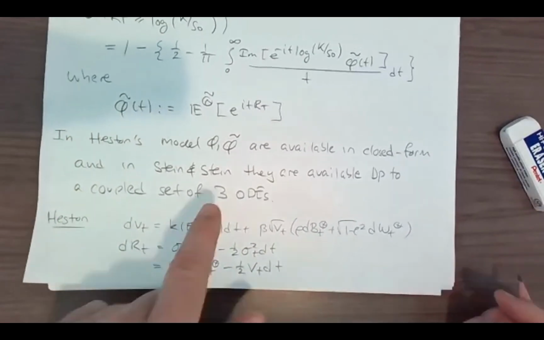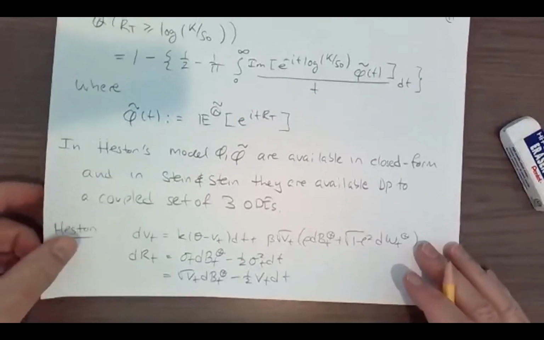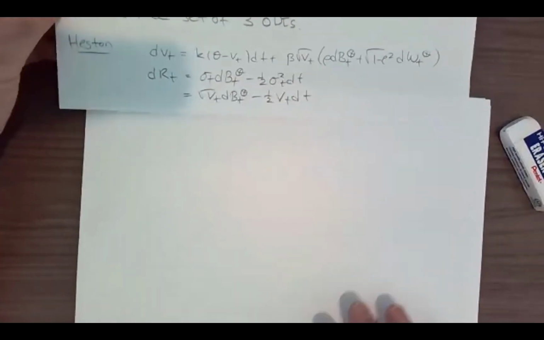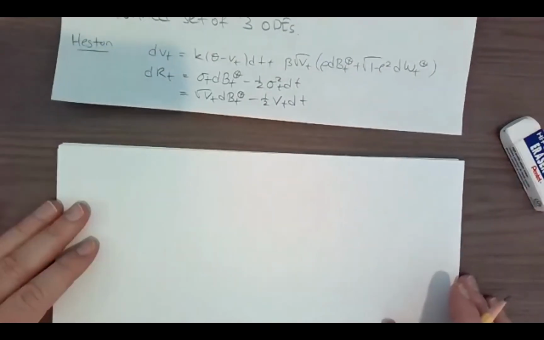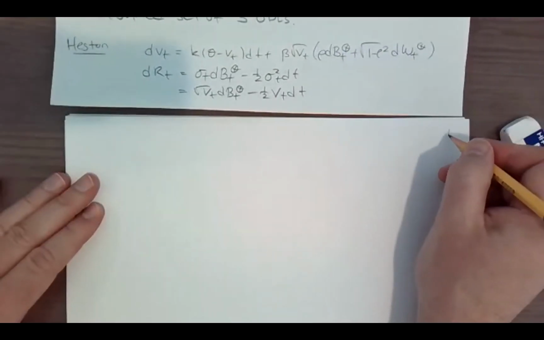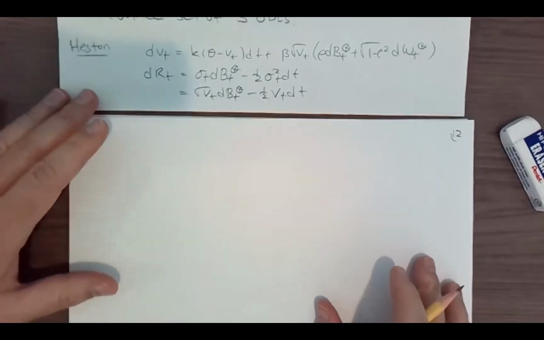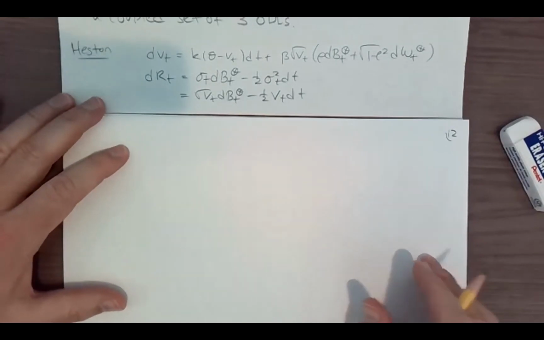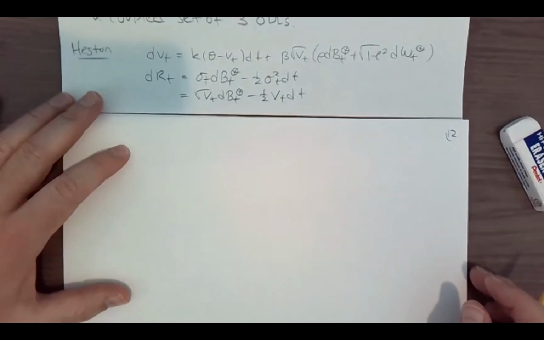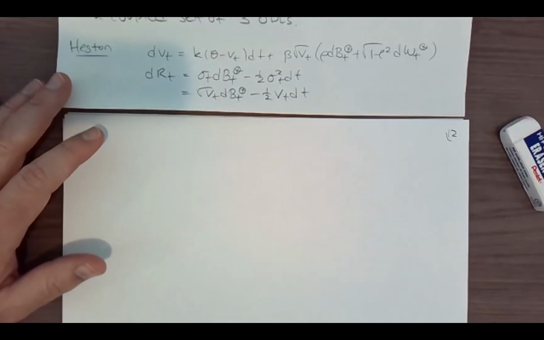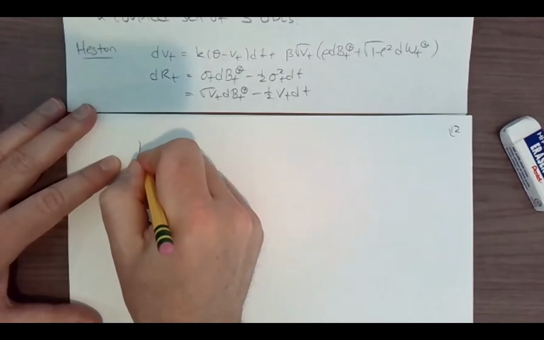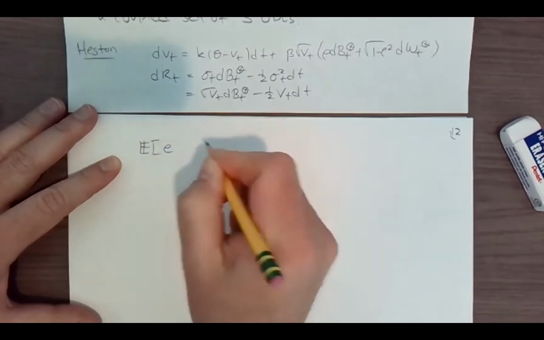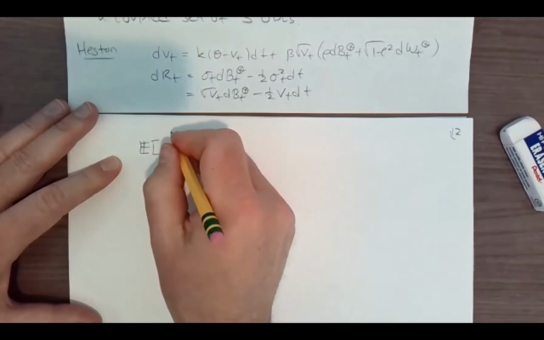So let's compute the first characteristic function, the phi one, and let's see what we get. Let me switch the index out here because otherwise it's going to be a disaster.